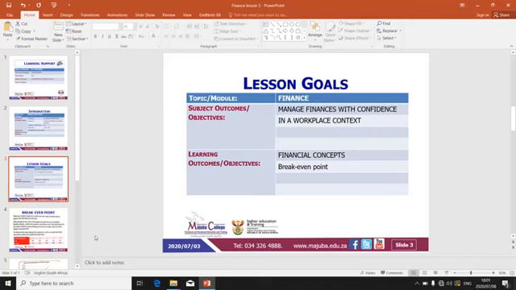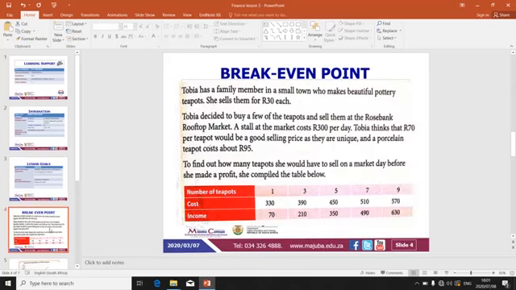That is why I've decided to do it as the subtopic. Remember, in the previous lesson, lesson number 2, we said the break-even point is when the cost and income are equal. The expenditure and the income are equal.